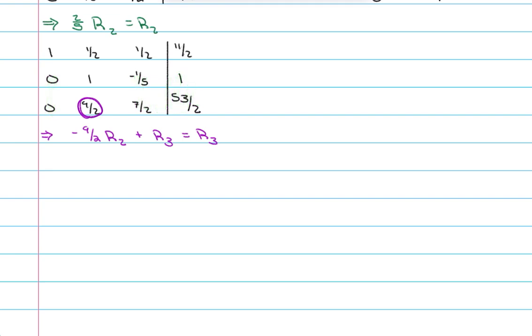So for my operations, I'm going to have negative 9/2 times 0 plus 0. Then we will have negative 9/2 times 1 plus 9/2.